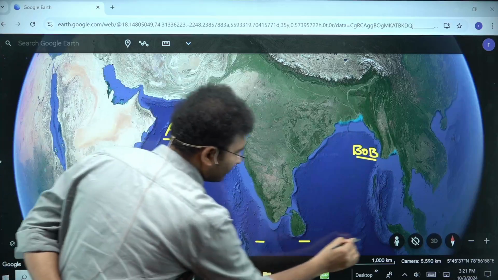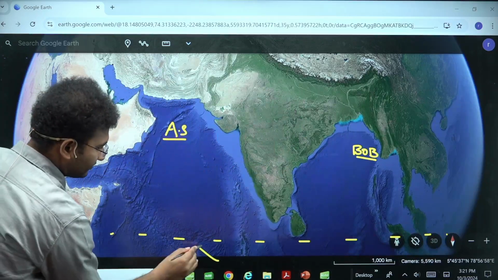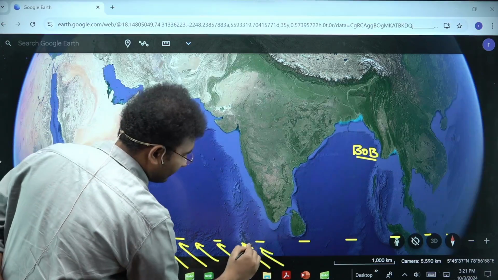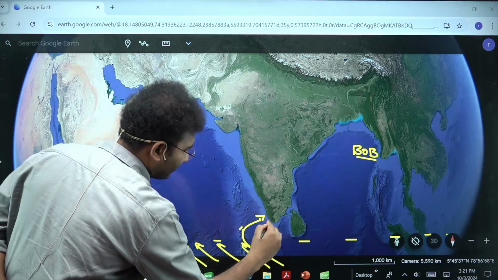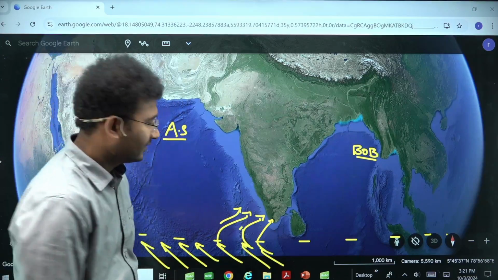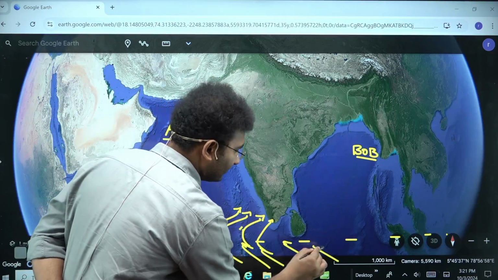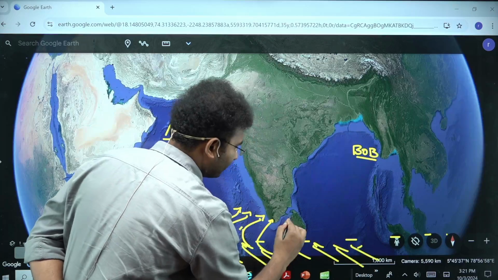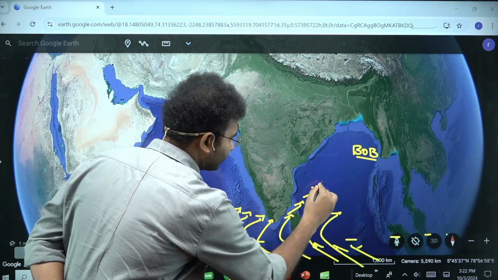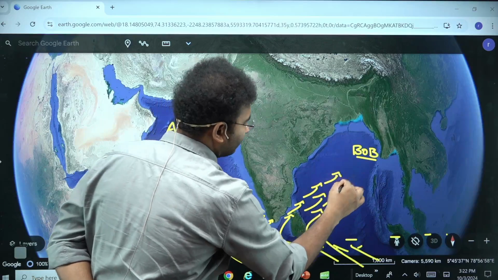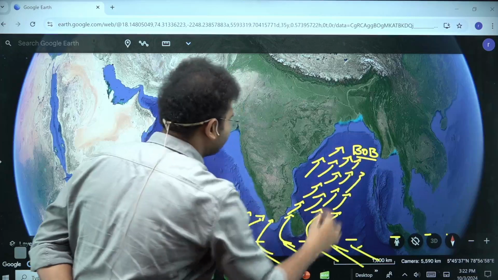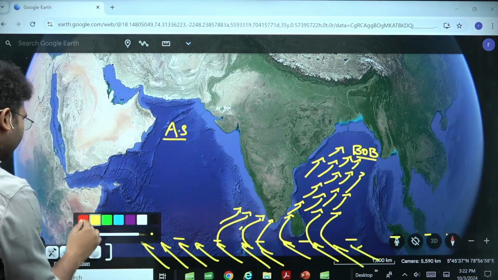This is your equator. So the winds are going to cross over the equator and they turn towards the right in the northern hemisphere. So this is the Arabian Sea wing, and then there is another wing called the Bay of Bengal wing. This Bay of Bengal wing is also moving in this direction. Let's say these are the Bay of Bengal winds which tend to move towards the ITCZ zone, the Intertropical Convergence Zone.